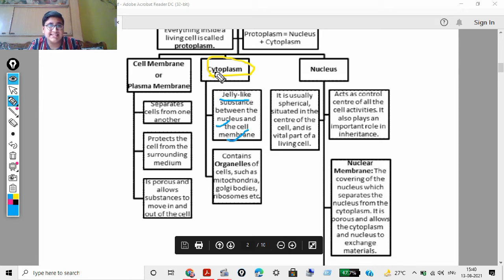This is very familiar. For higher classes, it is very important that organelles get transported when the cell divides.